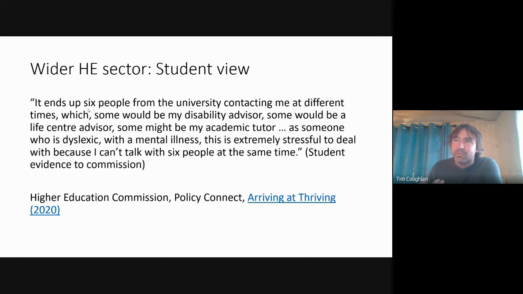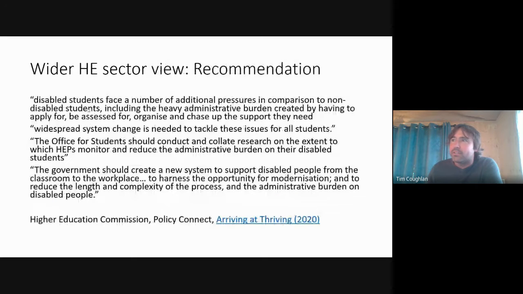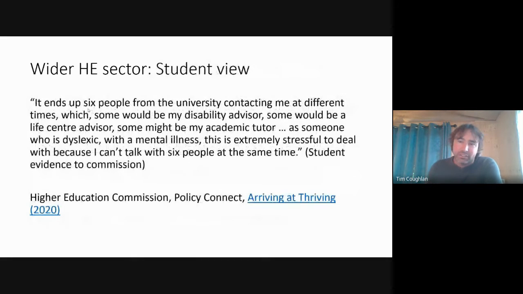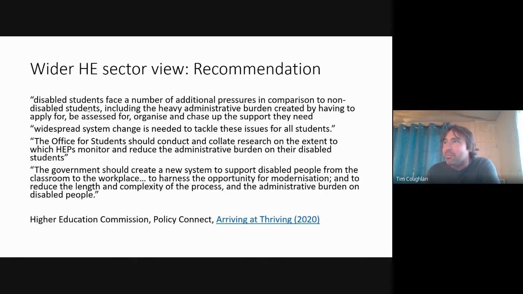And as someone who's dyslexic with a mental illness, this is extremely stressful to deal with, and I can't talk to 6 people at the same time. I won't go into detail on all of these quotes, but essentially it's a recommendation that the UK HE sector should do something about this issue of administrative burden.